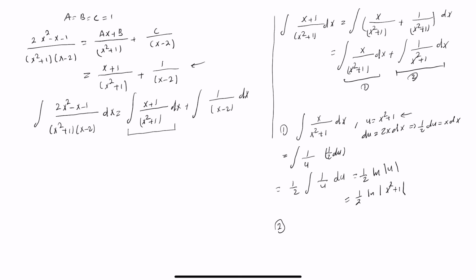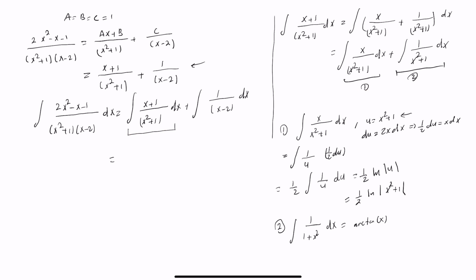For number 2, we have the integral of 1 over 1 plus x squared dx. Notice this is just the derivative of arctan. Therefore, the antiderivative is going to be arctan of x. Now, let's move to the left side. So this integral here is going to be equal to 1 and 2, which is this term and then this term.